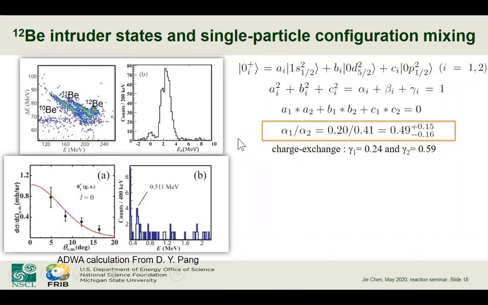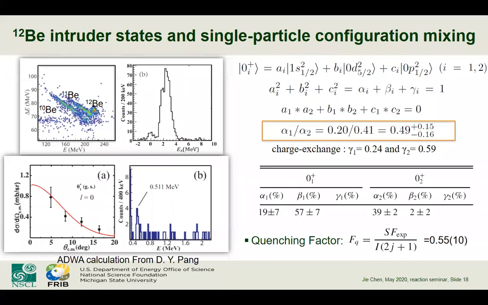After we get this ratio, using the configuration mixing theory together with the orthogonality and normalization conditions, we can get the single particle components within these two 0+ states, the s-wave component and the d-wave component. We can also deduce the quenching factor for this measurement, which is also within the previously reported range.